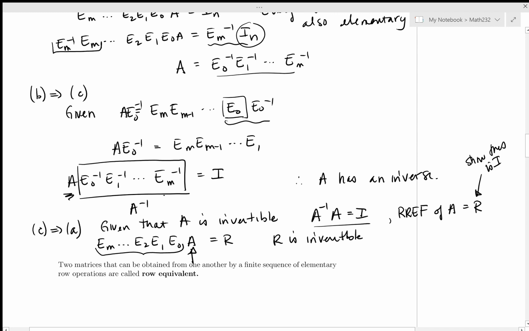But R is in reduced row echelon form. And so we have two possibilities. It's in reduced row echelon form, so that means it could be equal to I, or it could have a row of zeros.